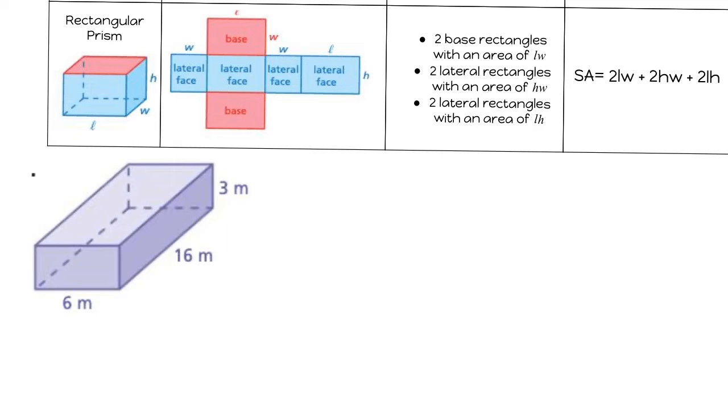On this one, we have a rectangular prism. So here I have a base, and here's my other base. So I have 2 base rectangles. And you can see that the areas are found by the length times the width for both of those. So I have 2 length times width.